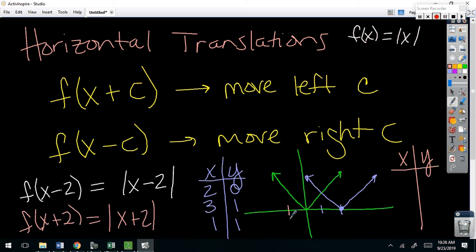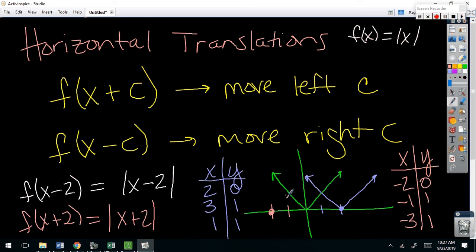What do you get? Remember, I want to do 0 and then 2 up, 2 down, right? So it's 0 at -2, or it should be. Plug it in, you get what? 0. What about -1 and -3? Right?